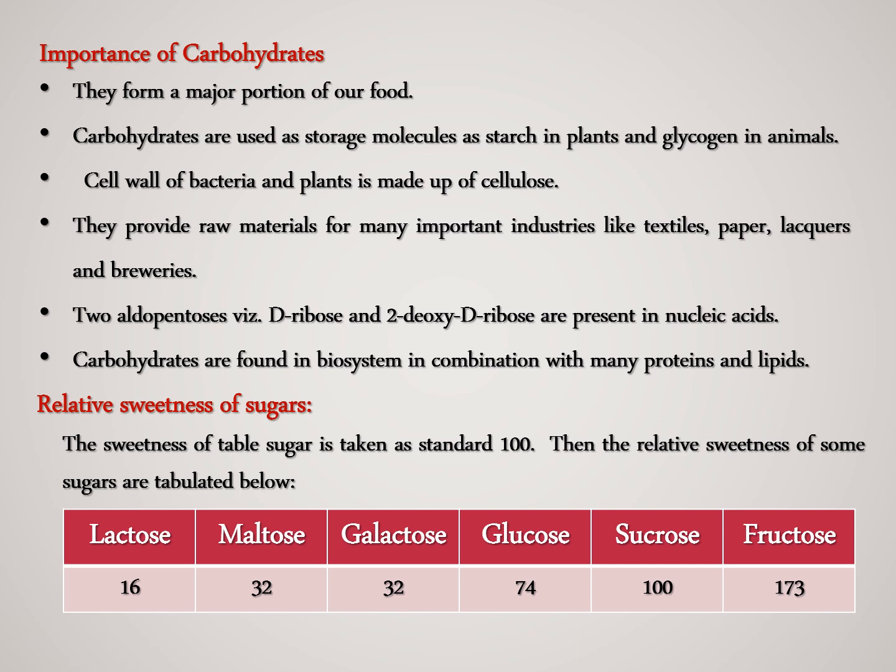So this is what we have in this chapter on carbohydrates, a unit of biomolecules. The students need to go through the video once again, take down certain important points, and practice the Haworth structures of glucose, fructose, lactose, maltose and sucrose.